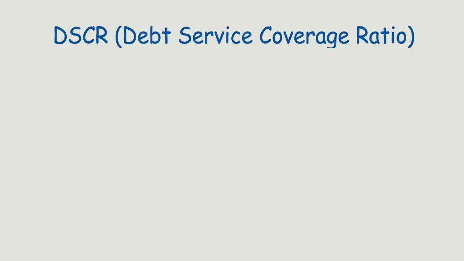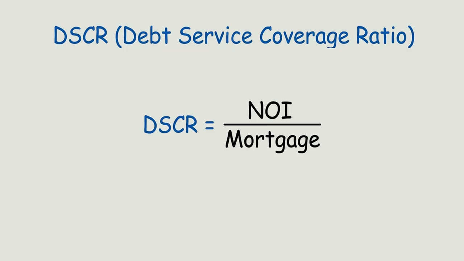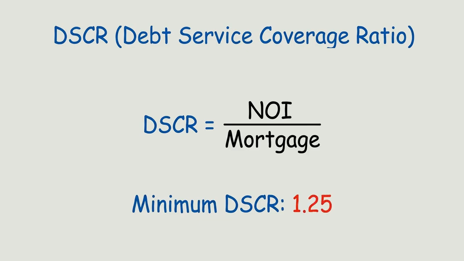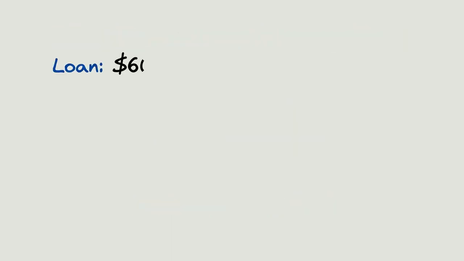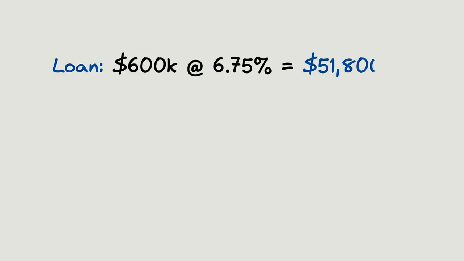This is the core of how DSCR loans work, debt service coverage ratio. DSCR equals NOI divided by your annual mortgage payment. Most lenders require a minimum DSCR of 1.25, meaning the property must generate 25% more income than it costs to service the debt. On an $800,000 purchase with 25% down, you're financing $600,000.